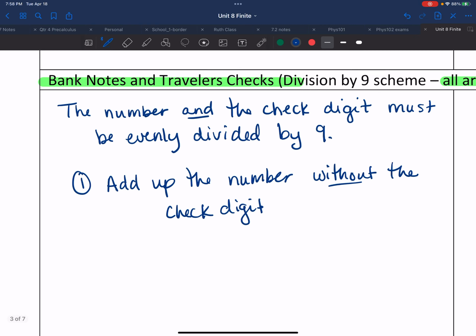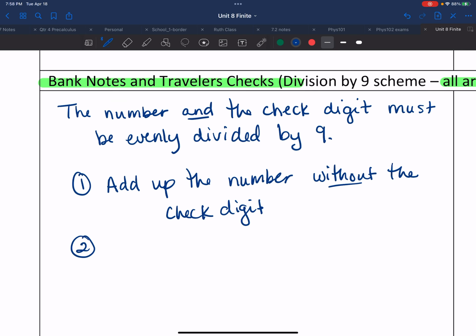So we're going to add it up without the check digit. The second thing we're going to do is check and see, is it divisible by 9? If it is, my check digit would be 0 because I don't need to add anything else to it.